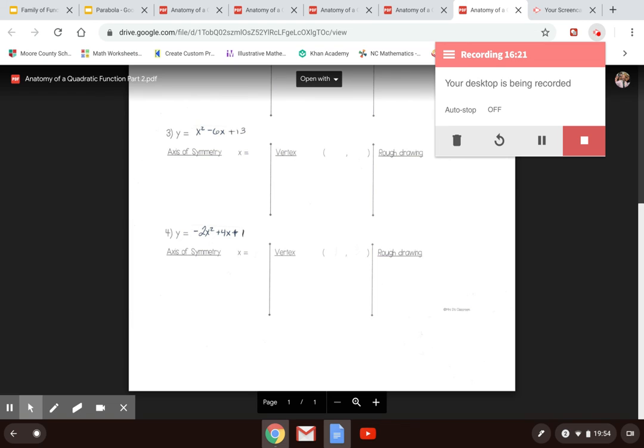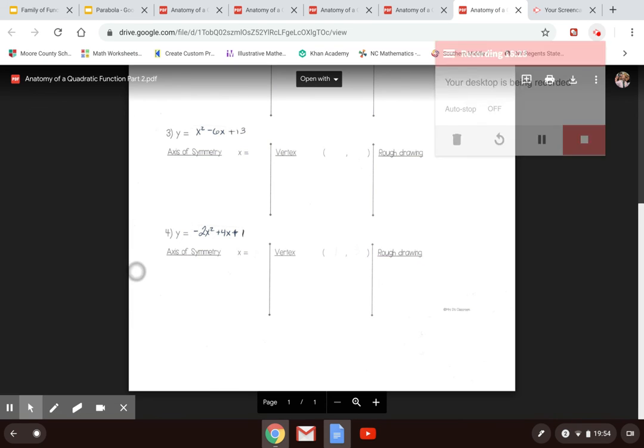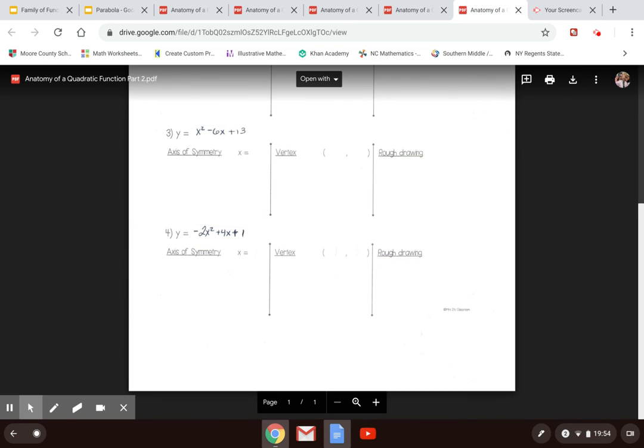So first thing, we want to find our axis of symmetry. So we're going to use what we've been using, which is x equals negative b over 2a. So in this case, I have a, b, c. So that's going to be negative 4 over 2 times negative 2.